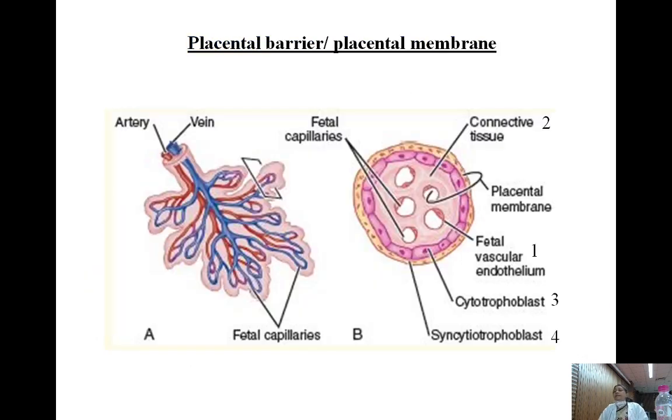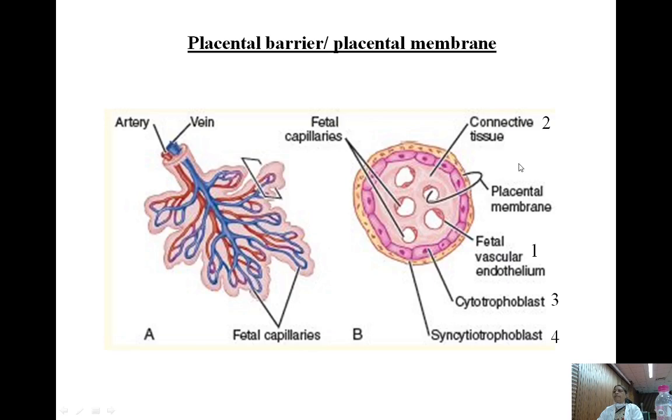Now what is the placental barrier? This is the chorionic frondosum or the tertiary villi where the fetal capillaries are present. If we take a cross section, we can see that these villi are lined by the cytotrophoblast, and outside by the syncytiotrophoblast. Inside there is the mesoderm and the blood vessels. So what will be the placental membrane or barrier?